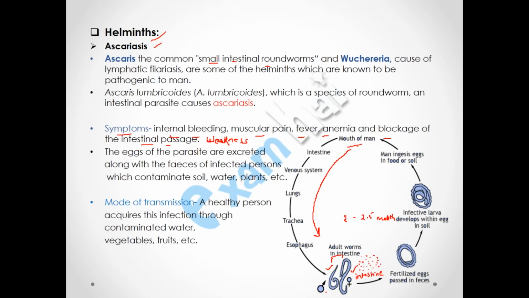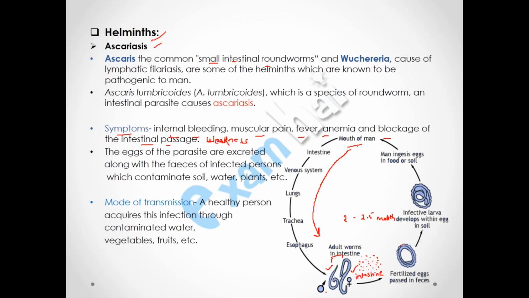into the environment through the feces of that person, and these eggs remain in a dormant condition for several years inside the soil until they are taken up by any other healthy person.